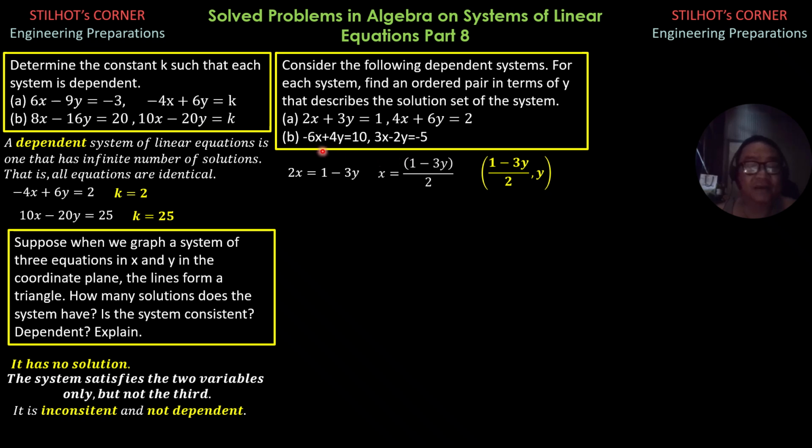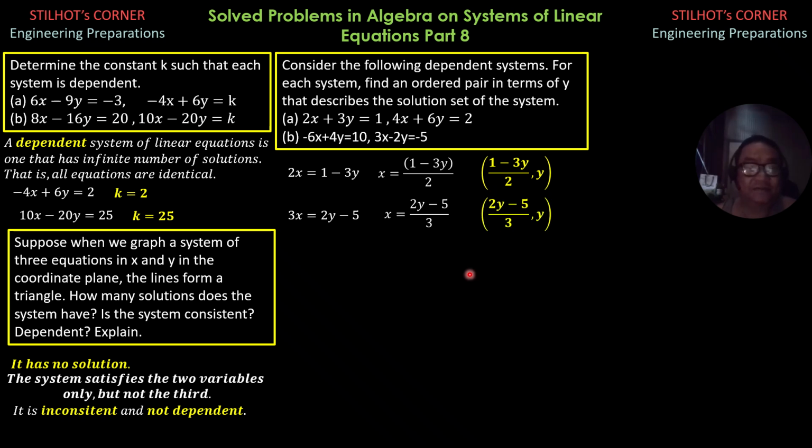If we multiply equation 1 by negative 1/2, it becomes 3x minus 2y equals negative 5, since 4y times negative 1/2 is minus 2y, and 10 times negative 1/2 is negative 5. So this system B is a dependent system. If we solve for x in terms of y, we have 3x equals 2y minus 5, and therefore x is 2y minus 5 over 3. So the ordered pair would be (2y minus 5 over 3, y).